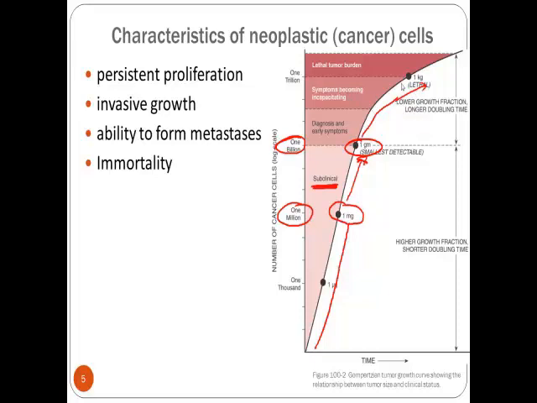Somewhere between 1 gram and 1 kilogram, and 1 kilogram is a lot of cancer, the cancerous mass usually becomes lethal because it takes over the surrounding tissue and impacts the functioning of the person. And as the cancer gets bigger and bigger, the symptoms become more and more incapacitating.